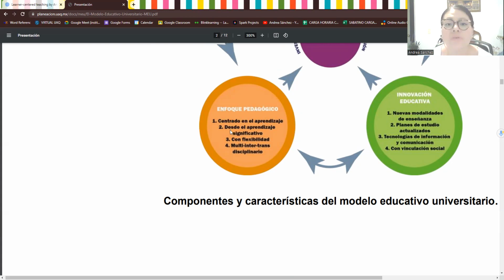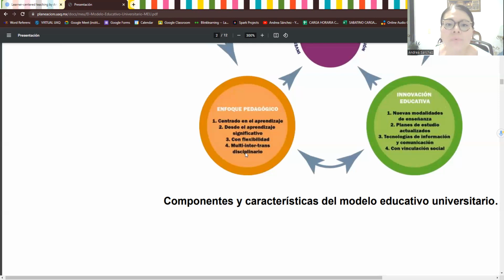Bueno, el segundo punto es desde el aprendizaje significativo. If you remember, we also discussed meaningful learning. Como ven, está muy de moda en los temas educativos. Nuestros programas son flexibles. ¿Se acuerdan que les decía yo que nuestro mapa curricular de la licenciatura es flexible, ya que ustedes pueden tomar materias o dar de alta unas materias por otras, o sea, cambiar unas materias, tomar otras y así poder complementar su formación universitaria?